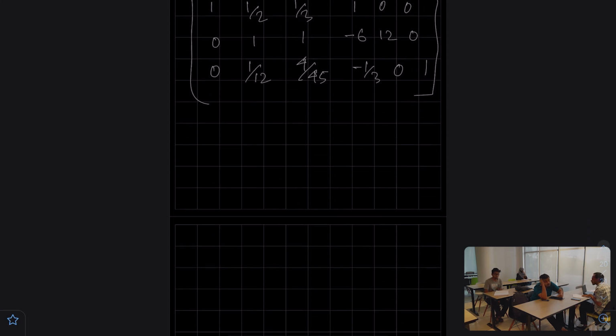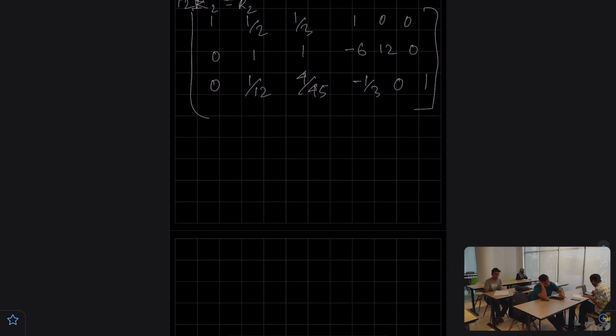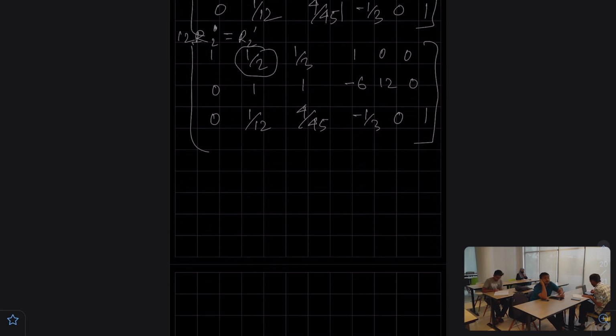Sorry, I forgot the operation: 12 times R2 equals R2 prime. This was the operation. Now I have to make this 0 and this also 0. Why?